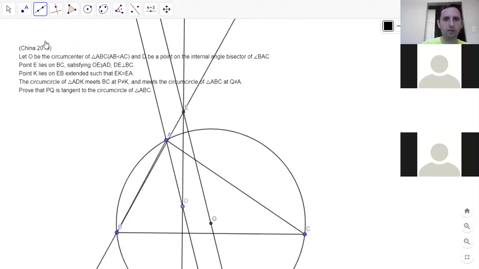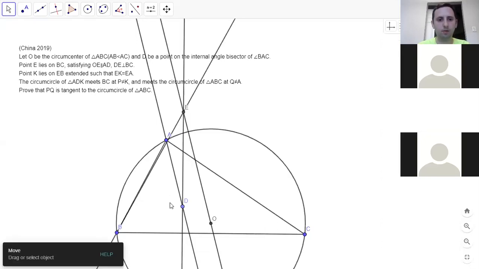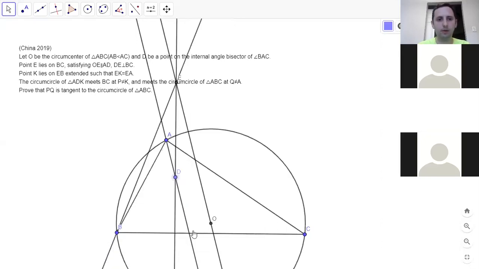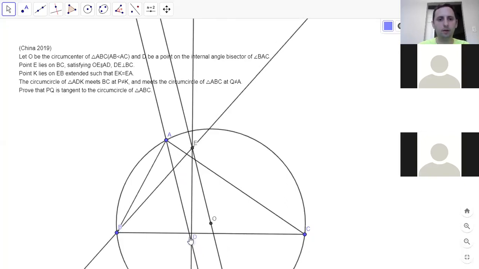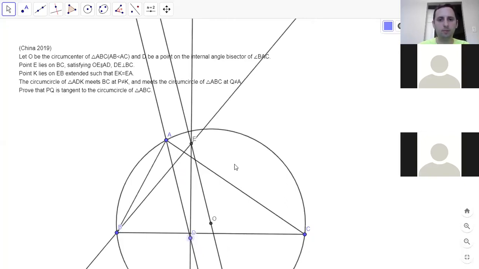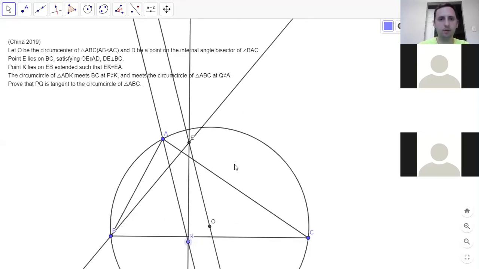See someone writing in the chat. So D is fixed. OE is parallel to AD. Wait, why is D fixed? I guess I don't think D has to be fixed.